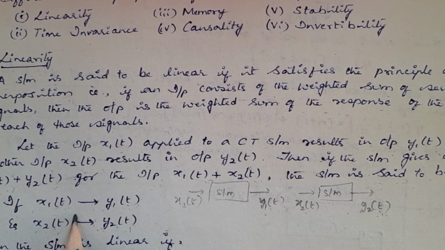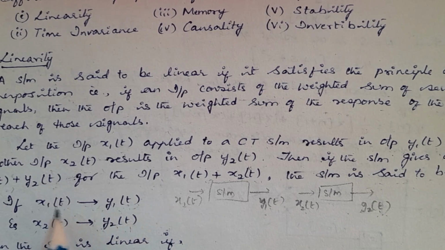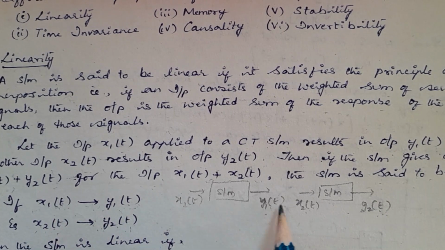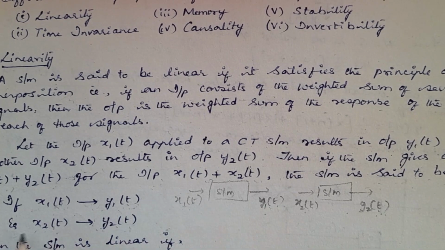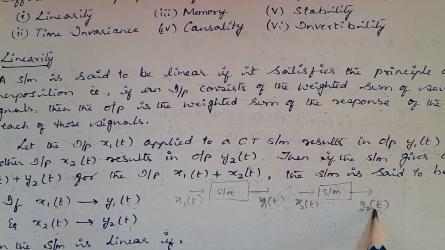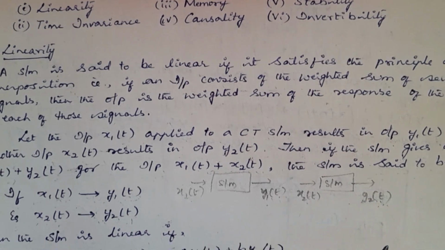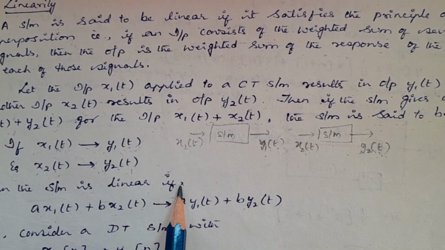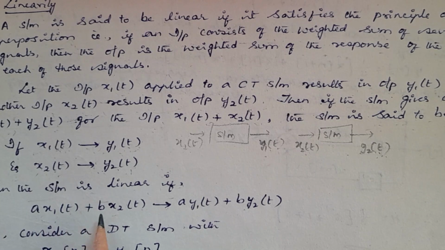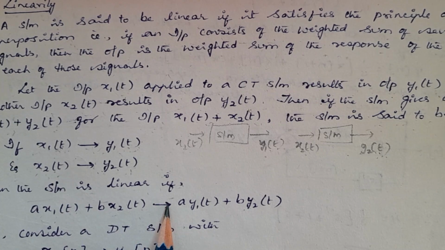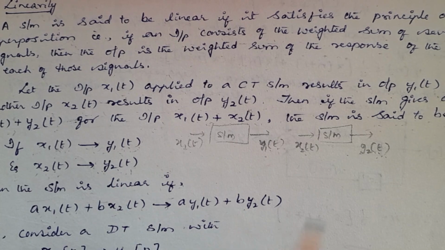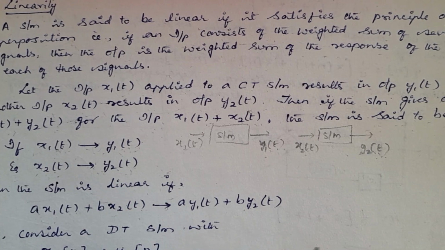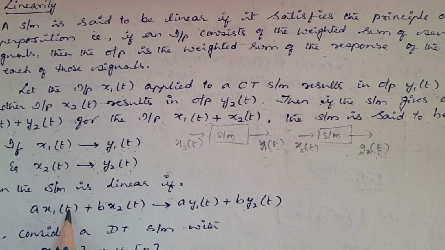The system is linear if a into x1 of t plus b into x2 of t gives rise to a into y1 of t plus b into y2 of t. Similarly for a DT system, put n in place of t, that's all.